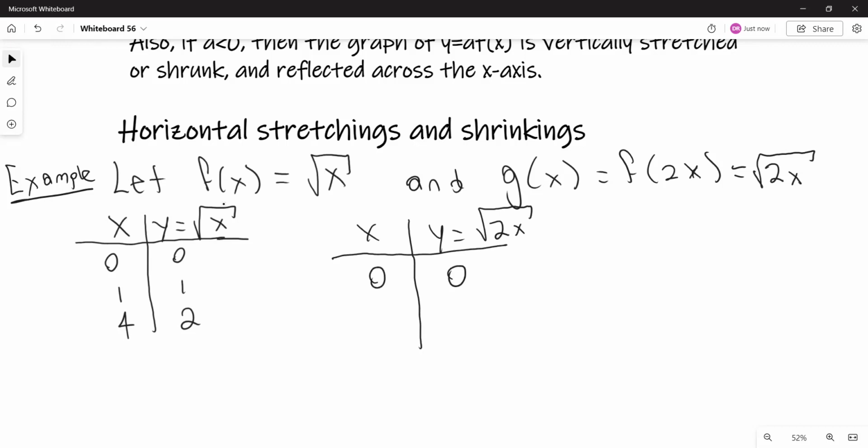We still have 0, 0. But in the next one, we're going to let x be 1/2, because 1/2 times 2 is 1. And we're going to let x be 2, because 2 times 2 is 4, and the square root of 4 is 2.